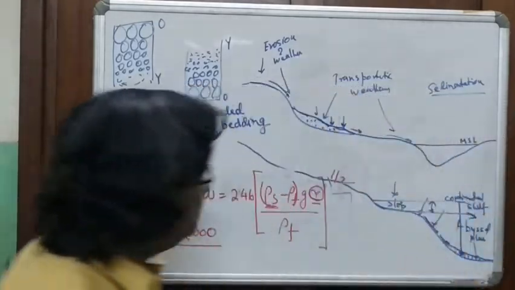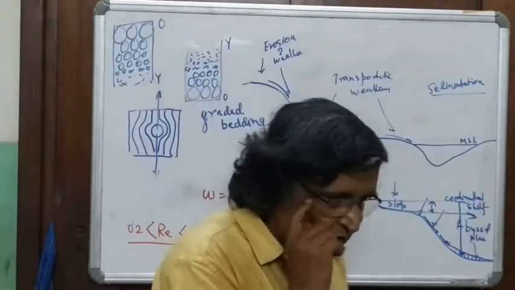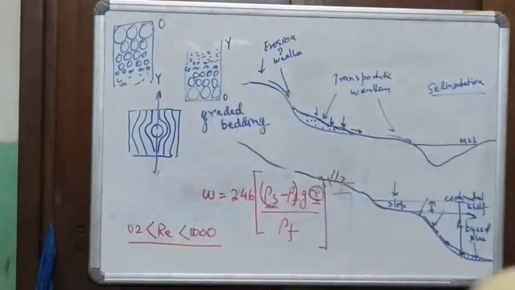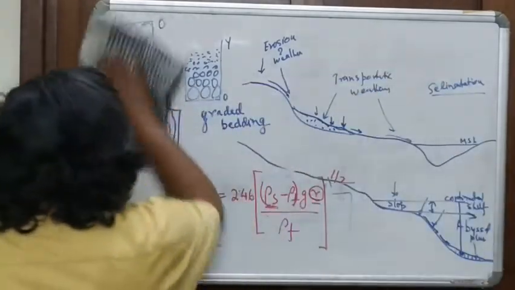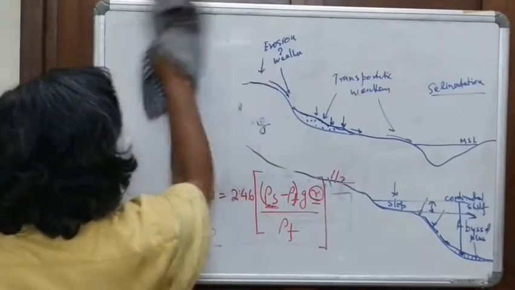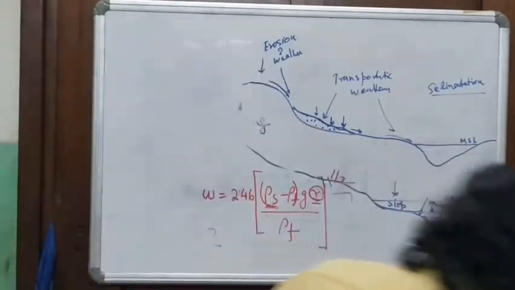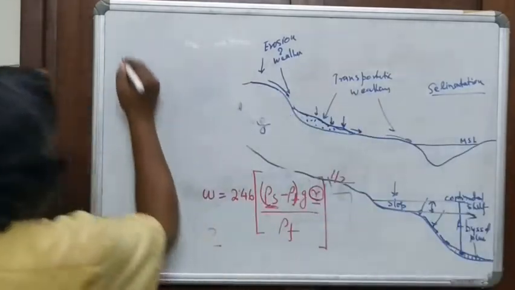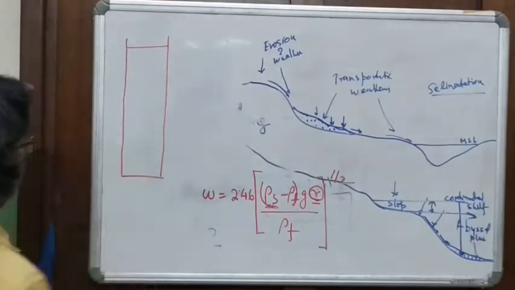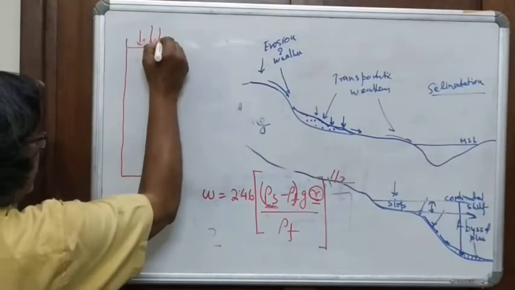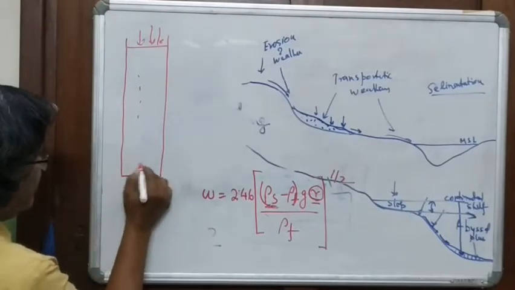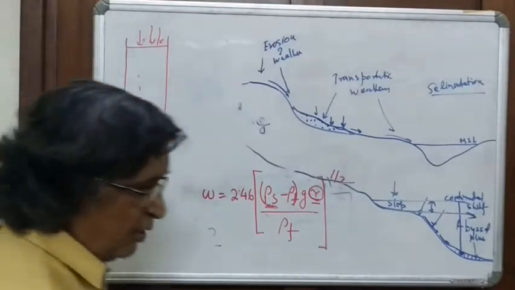Now you see here, I have told you that if you take a very long jar with water in it and you pour in some materials, they will fall through this and segregate into different sizes, with the younger occurring at the top.